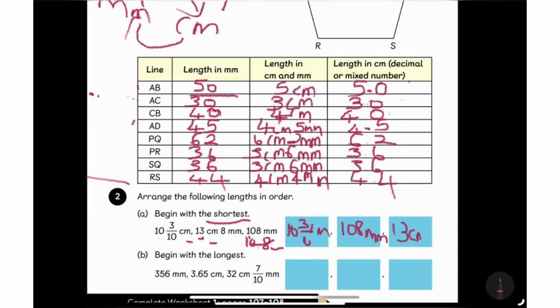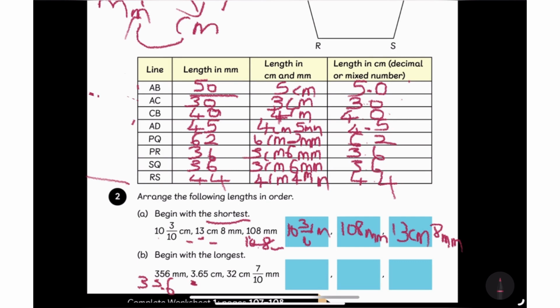Let's go to the second one. Here it's asking begin with the longest. Longest is the descending order. So the bigger number will come first. So I have this will be 35.6, right? This is 3.65, right? The smallest number, I guess, because this is 32, this is 35. So the longest number is 35, right? So 356 millimeter.